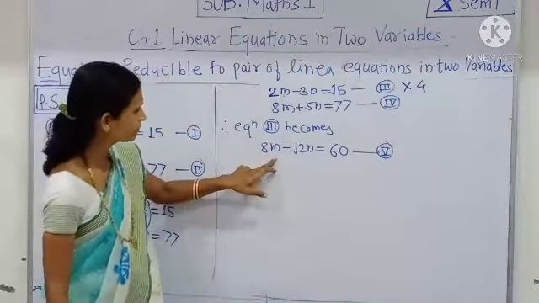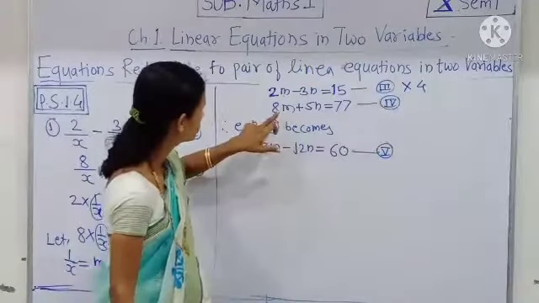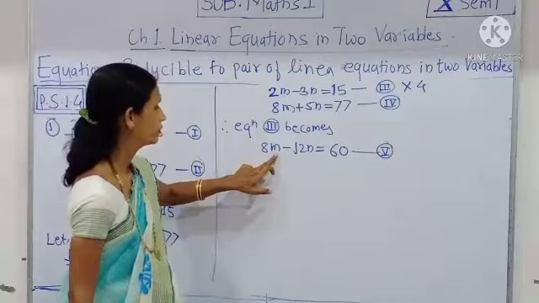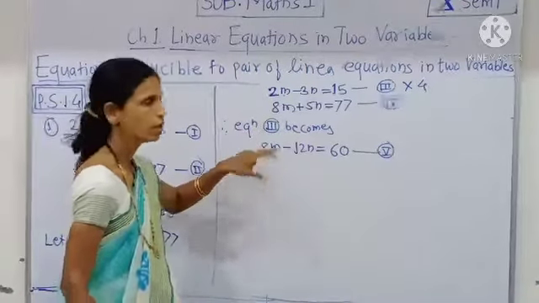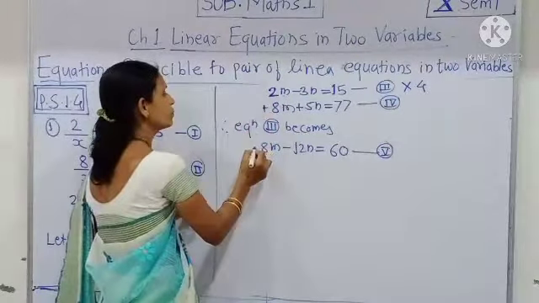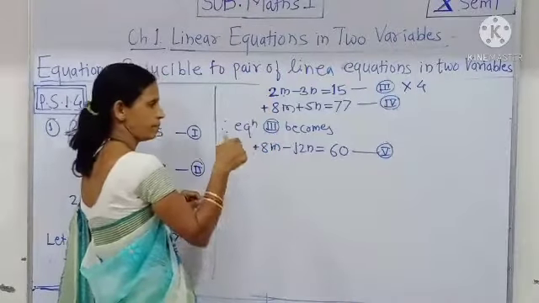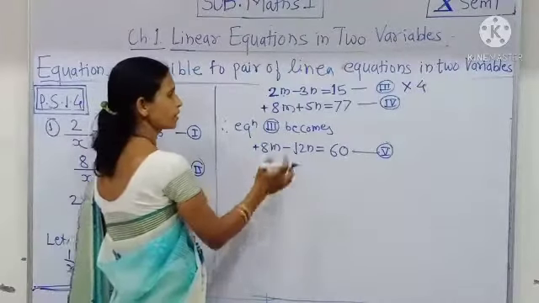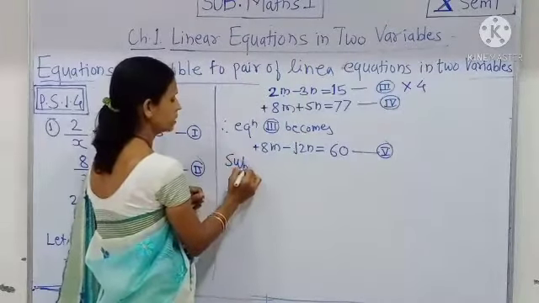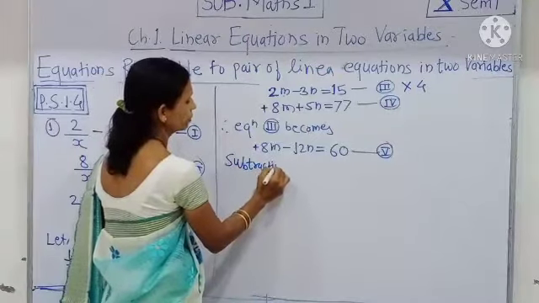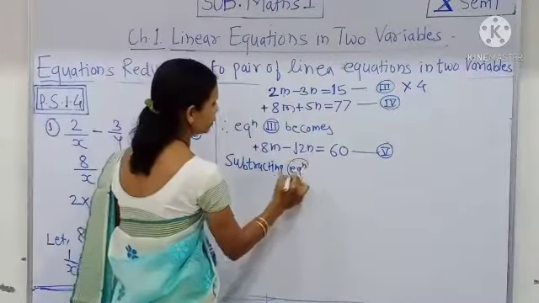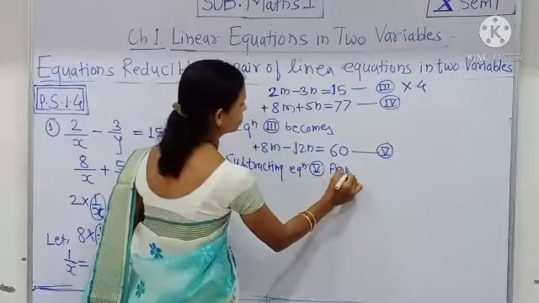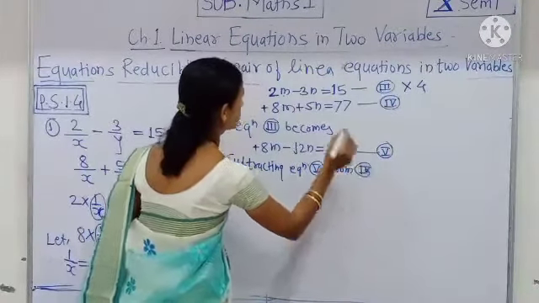Now see here, in the fourth equation the coefficient of m and in the fifth equation the coefficient of m are equal, but the signs of these terms are the same, that is plus. Therefore we have to subtract, that is, subtracting equation 5 from the fourth.